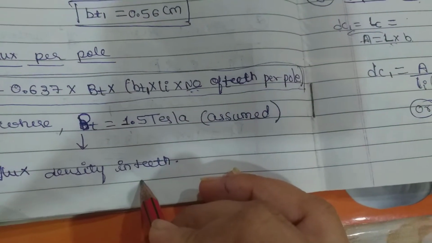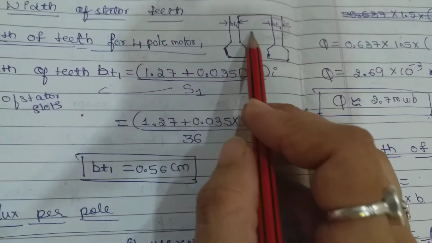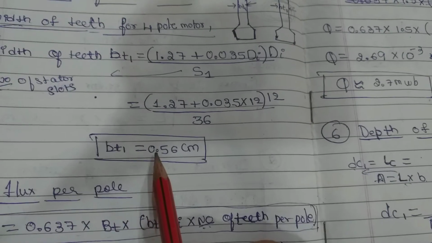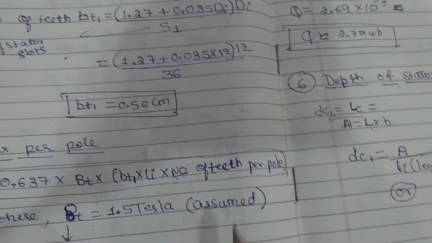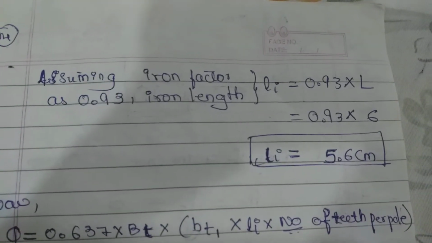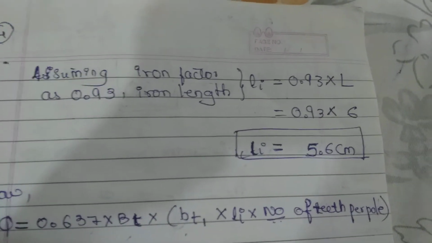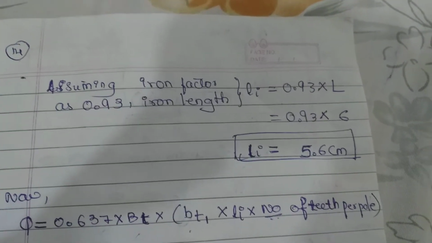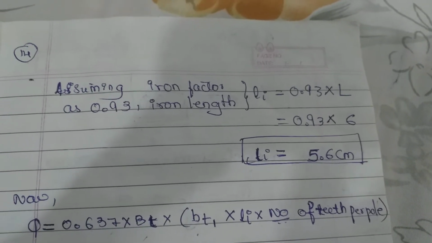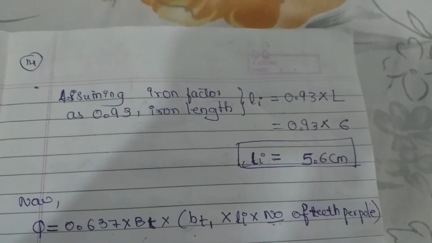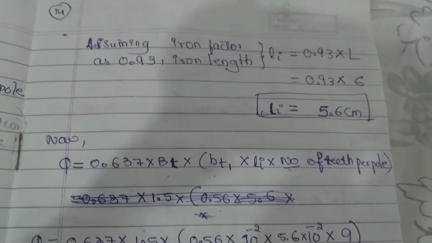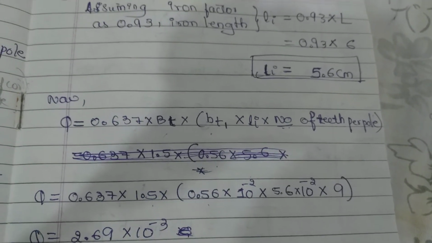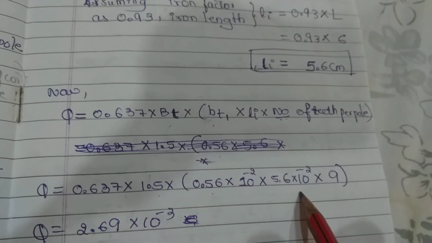Next BT1, the width of the teeth, we have also calculated, which is 0.56 centimeter. Li is the iron length. Iron length Li is equal to 0.93 into L, where L is 6. So we got the Li value, which is 5.6. We have substituted 5.6 here.